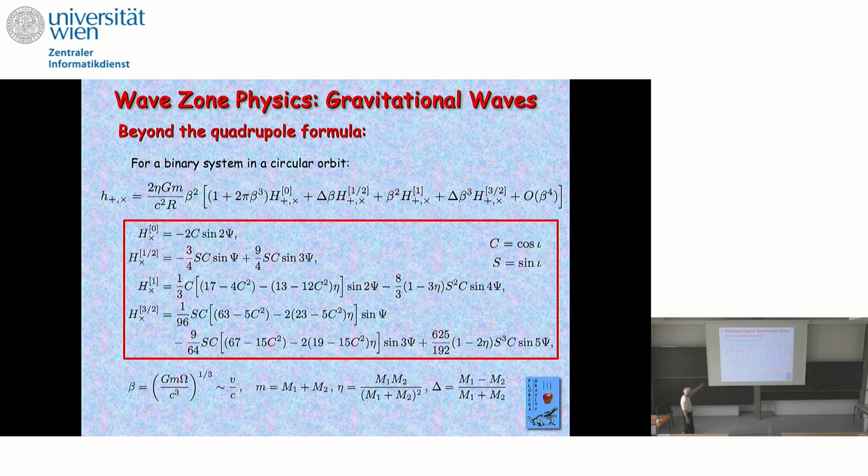So you can see that the general structure of these things is there's an H0, that's the 0 PN term, the quadrupole term. There's actually a beta cubed correction to that. Then there's a 1/2 PN order correction, linear in beta. So that's called half PN, or 0.5 PN.